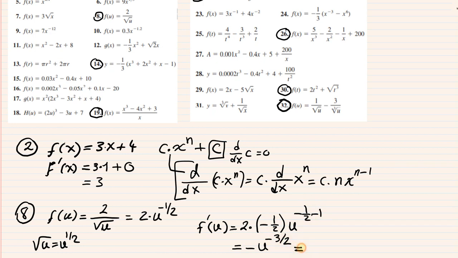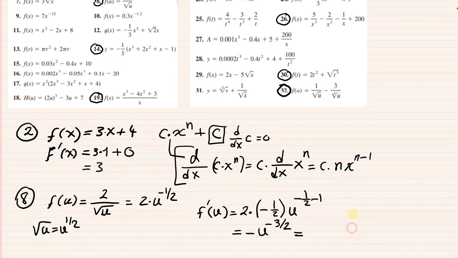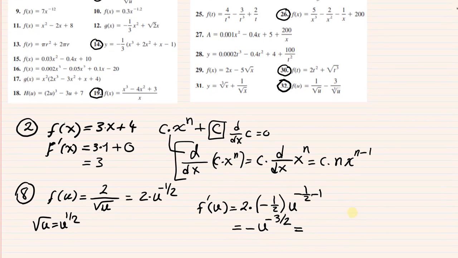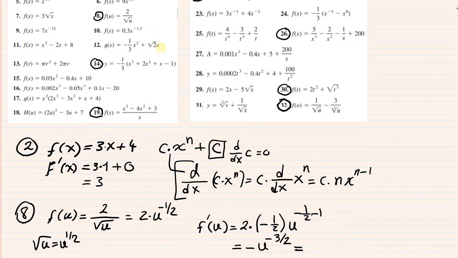Now, usually how we report the answer is important. We give the answer as much as possible in the form of the original problem. If you look at number 8, we don't have negative exponents, we are given a square root.